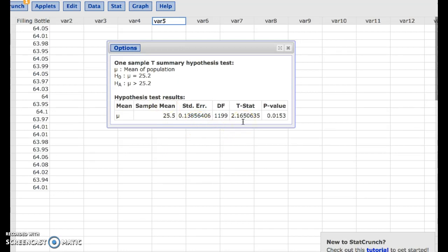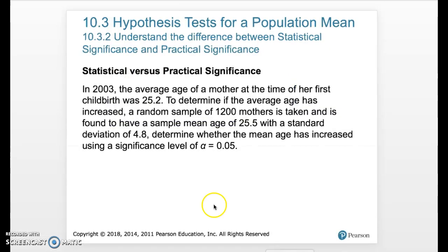That's quite significant. And when we look at our p-value, the chance that we would see 25.5 or even higher when we're expecting 25.2 is rather low, because that 25.5 is a little bit above 2 standard deviations above that mean. So notice this is smaller than our alpha of 0.05. So let's go back in and fill that in.